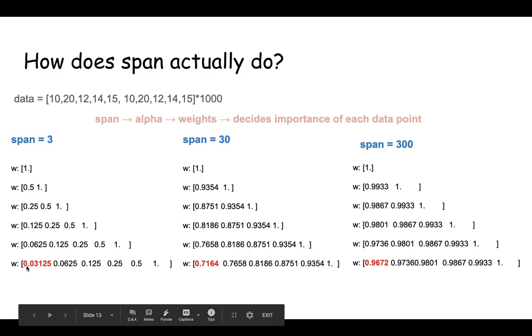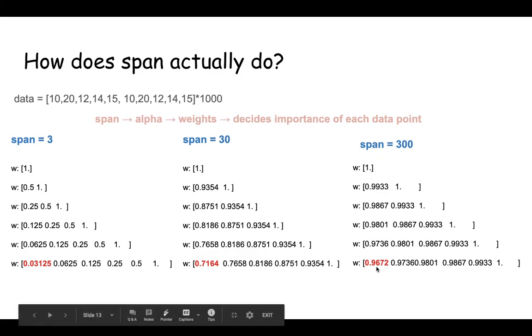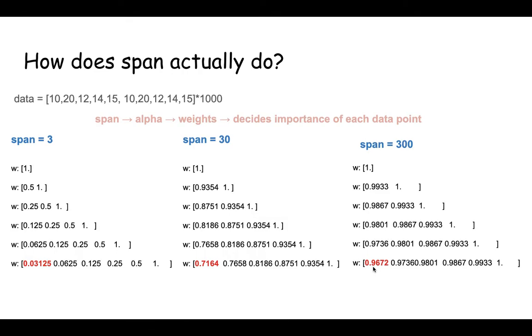And here we can see that in just 6 iterations, this has gone to 0.03. However, if you have a higher span, for example 300, then even at that iteration the importance of that data point is still 0.96. So there is much higher weight assigned to the older data points as well, farther back in time.